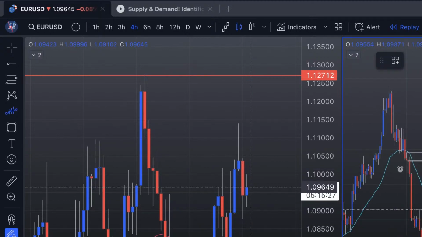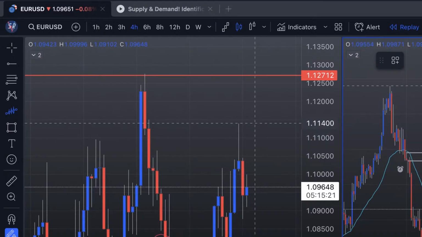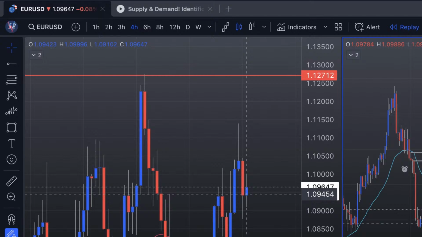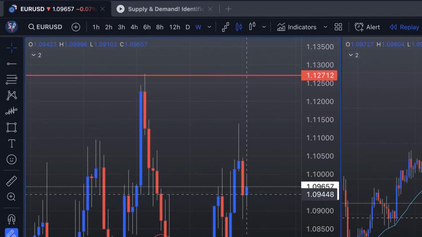Something like this, and then we continue higher. I don't know. That seems to be the question. The market's like, what are we doing here? So still moving in a range.